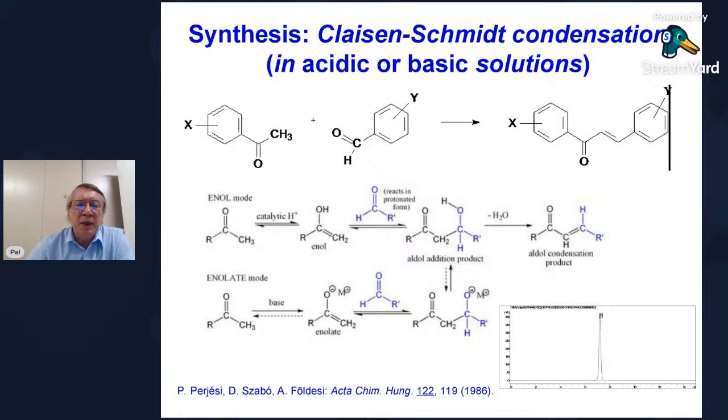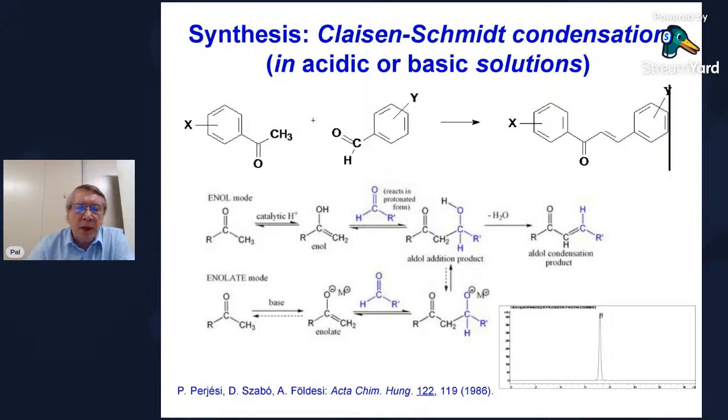The Claisen-Schmidt condensation reaction, in order to synthesize chalcones, involves condensation of substituted acetophenones with substituted benzaldehyde to yield the expected chalcone structure, and the reaction can be performed by means of acid catalysis and base catalysis as well.